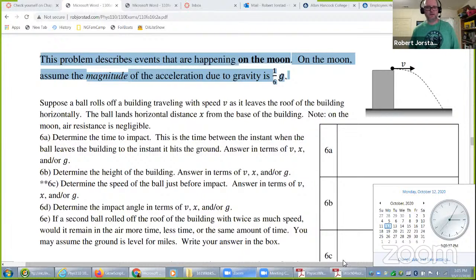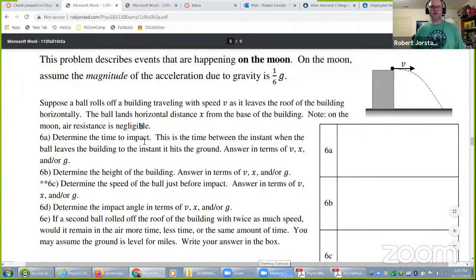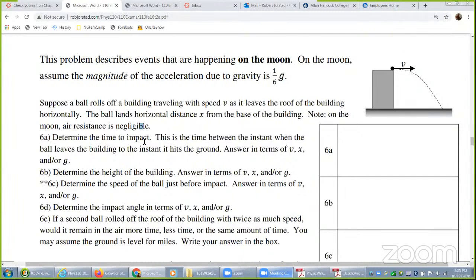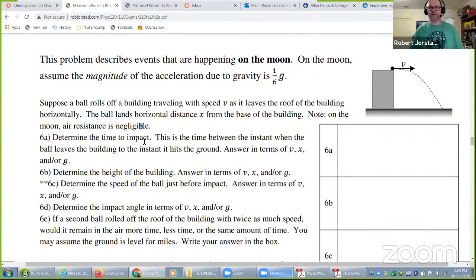All right. So how would you approach this problem? What would you do? Anybody? Start writing down knowns and unknowns. Right, exactly. Write down knowns and unknowns. And so in this case, what are the knowns? Is this a standard projectile problem?